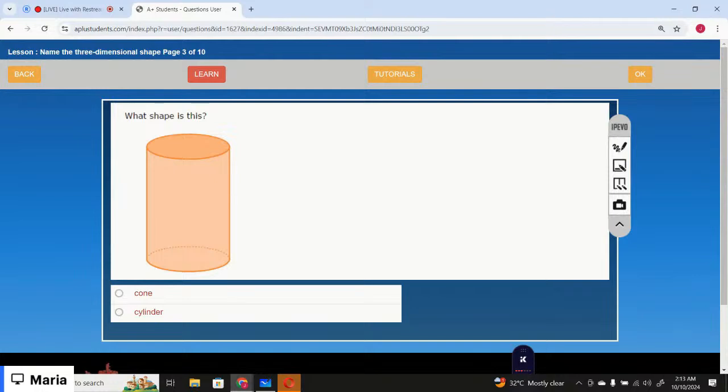Which is the correct option, cone or cylinder? Cylinder it is, right? That is a cylinder.